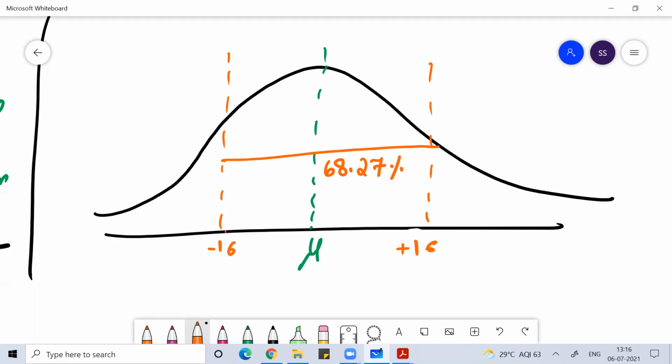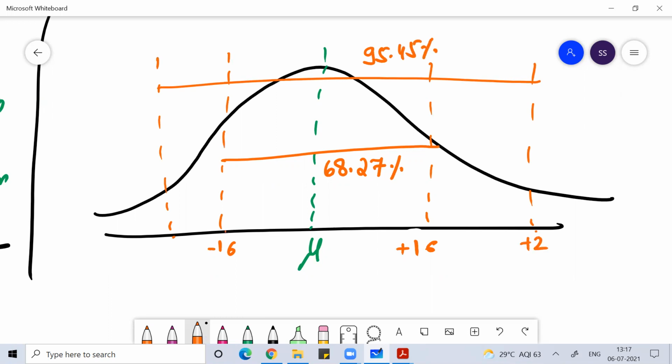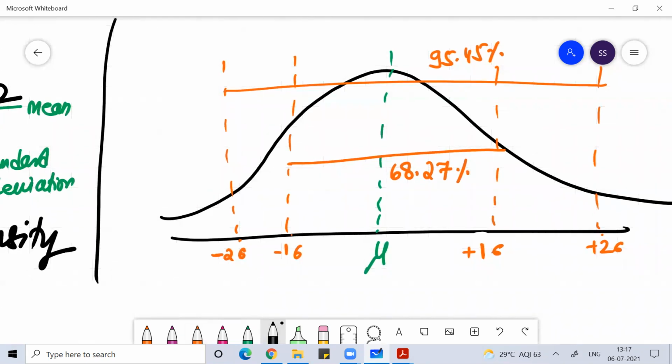Around 95.45% of data will lie within plus or minus two standard deviations, sigma. Sigma means standard deviation.